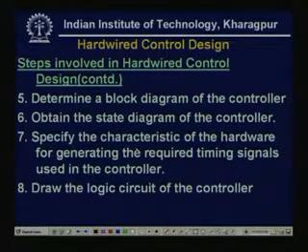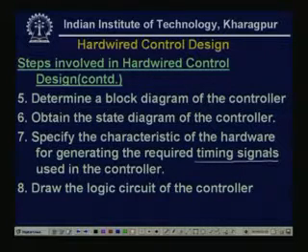That means, in which time instance what control signals will be generated, that is the function of the controller. So, the characteristics of the hardware for generating the required timing signal is a very important thing in controller design.